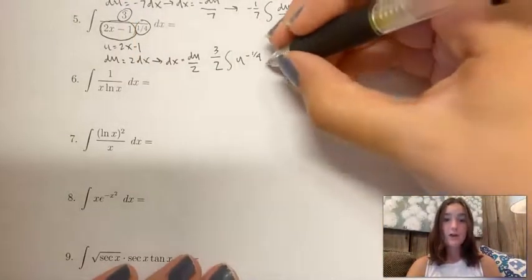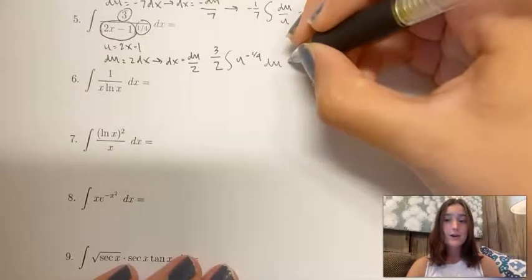So remember that, I'm going to pause this. Okay, remember that when you have your u, that makes things a lot more simple, but you can't forget about the other things in the original problem because you might have numbers that aren't a part of your u that you can't leave out. So in this case, that 3 might be easy to forget. You might be tempted to just write 1 over u to the 1/4, but you've got to remember that 3.